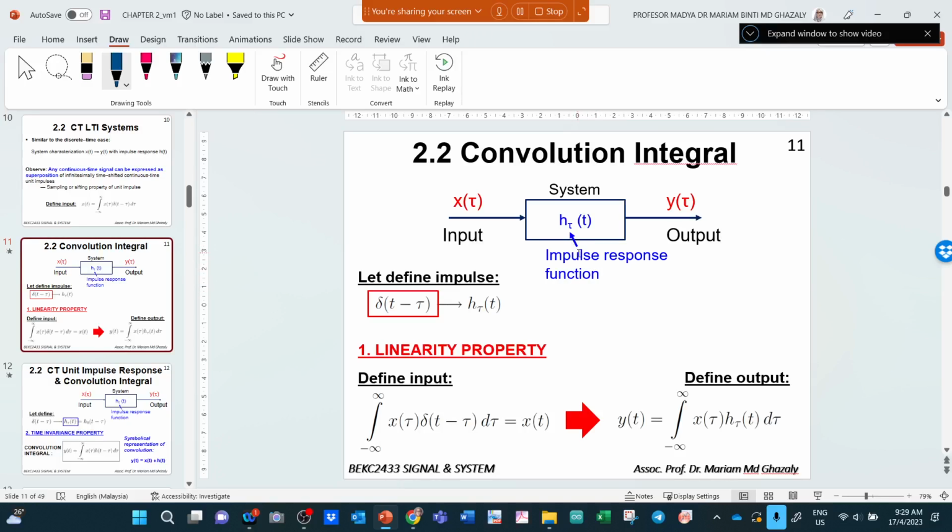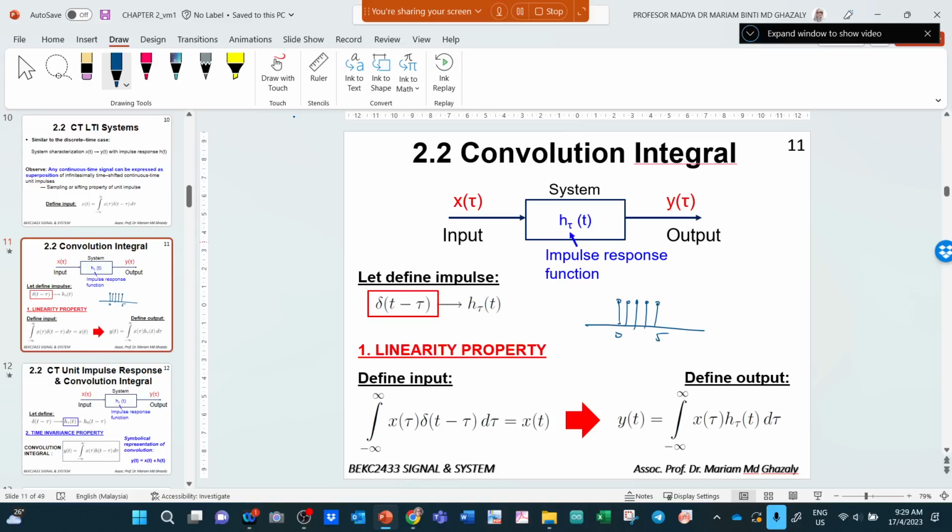When you have this impulse response function h(t), it means it is a signal that has a combination of multiple impulse signals inside. Let's have an example here, multiple impulses like this.